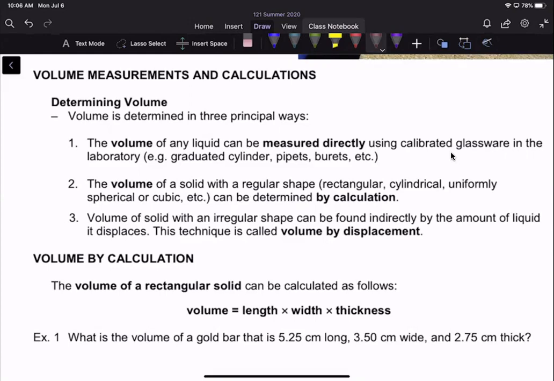All right, determining volume. The volume can be measured directly with glassware, which you may have seen. The graduated cylinder is a great way to measure volumes in a precise way. Pipettes are even more precise.